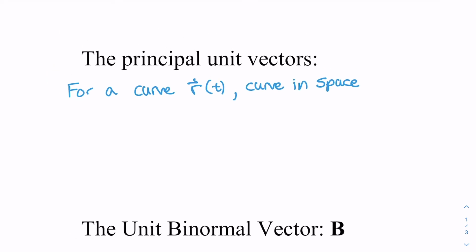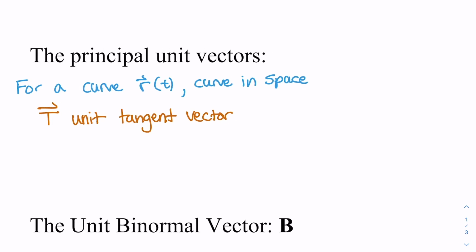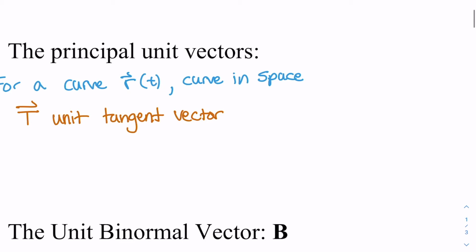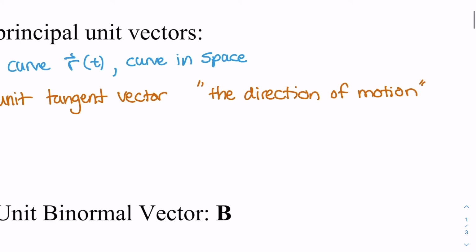First, we looked at the unit tangent vector, T. That one described the direction the curve was going. So it told us the direction of motion. It always points in the direction the particle along the curve is heading.